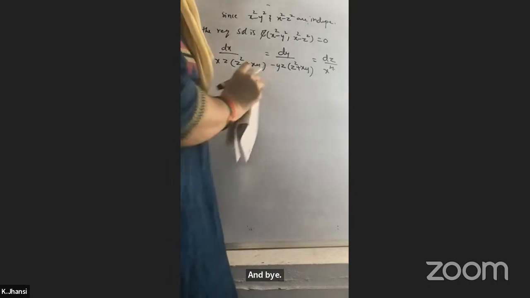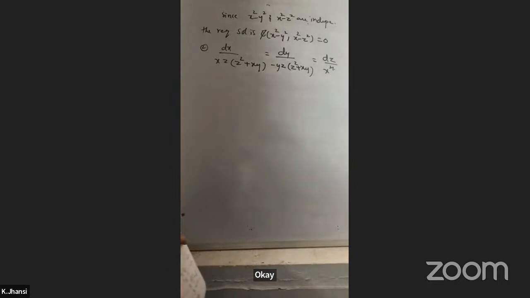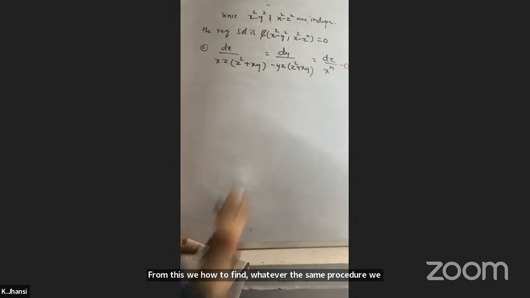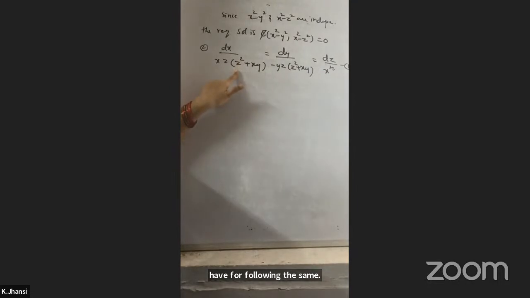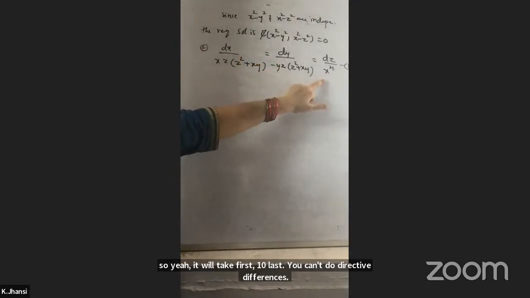Okay. So these are the three given terms. From this, we have to follow the same procedure. You can take this as one. So here, if you take first and last, you can't do direct differentiation. Or second and third also you can't do direct differentiation.